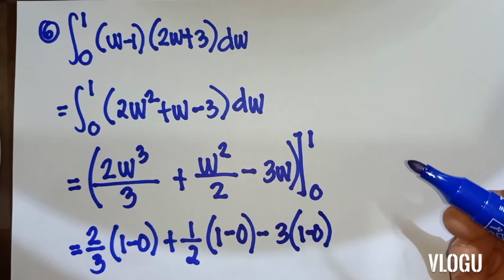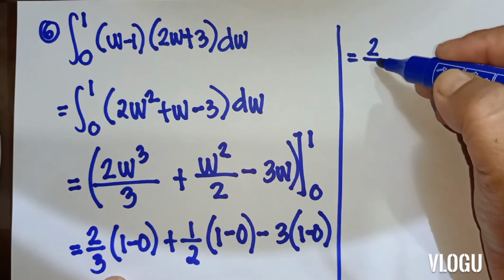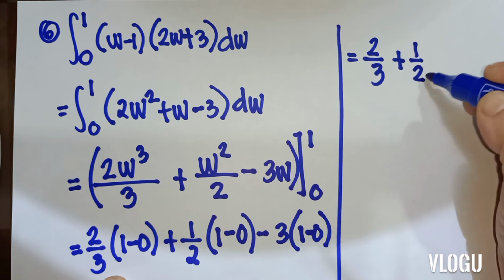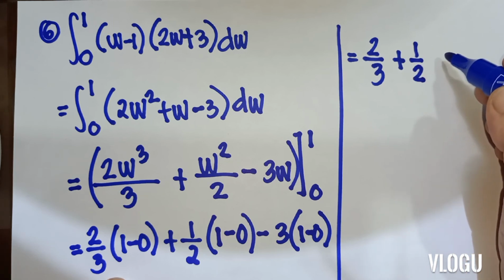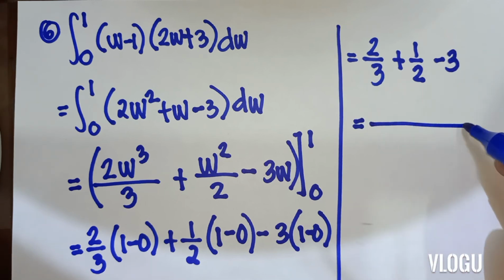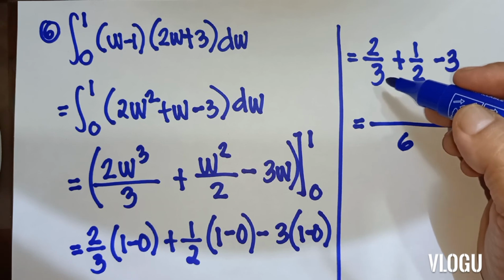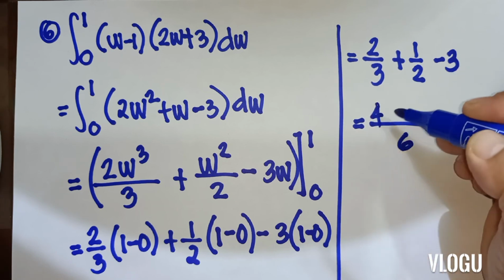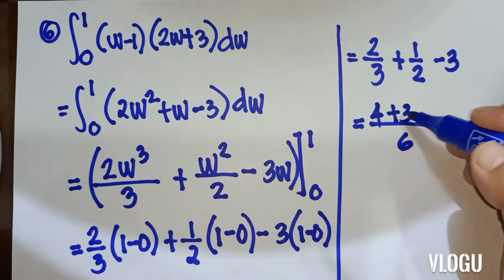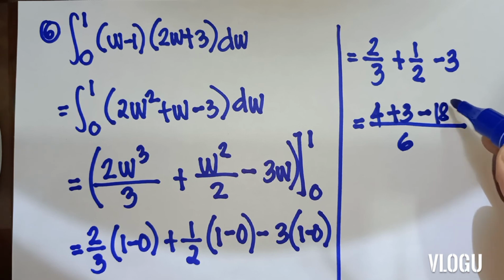So we will have 2/3 plus 1/2 minus 3. LCD is 6. 6 divided by 3 is 2, times 2 is 4. 6 divided by 2 is 3, times 1 is 3. 6 times 3 is 18.